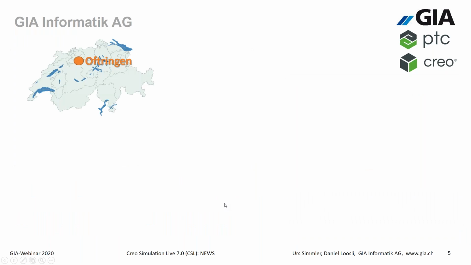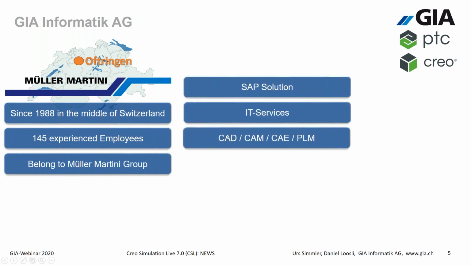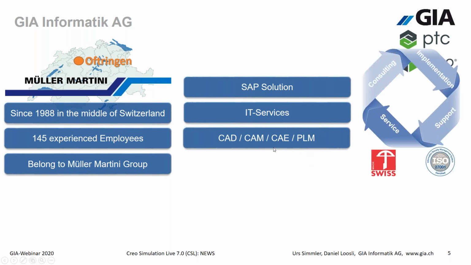Who is GIA Informatik? GIA Informatik is located in Switzerland. We are about 140 people. We belong to the Müller-Martini Group, and we sell SAP solutions. We have 3 own data centers, and we have a team for the CAD CAM PLM stuff.